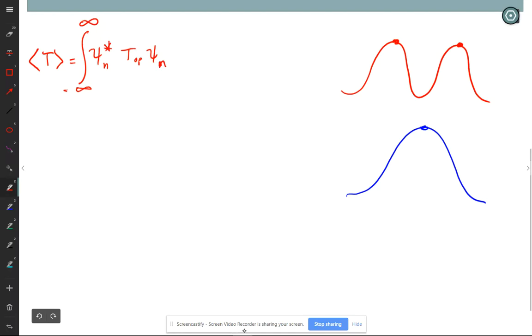And on both of them. So that's the definition. That's where you always should start for finding expectation values. So I'm going to now change my limit 0 to L because my wave function is 0 outside of that.